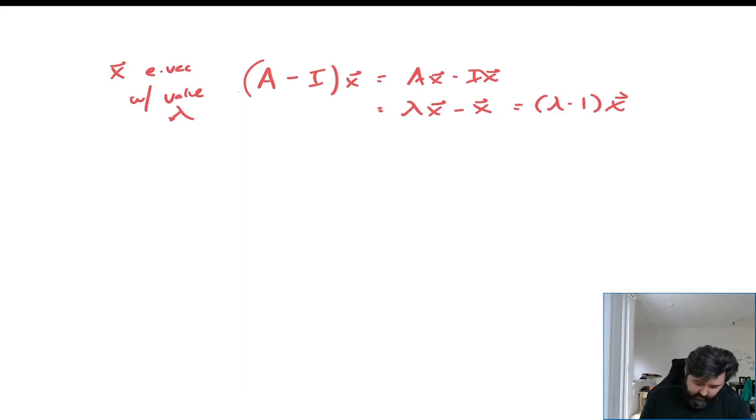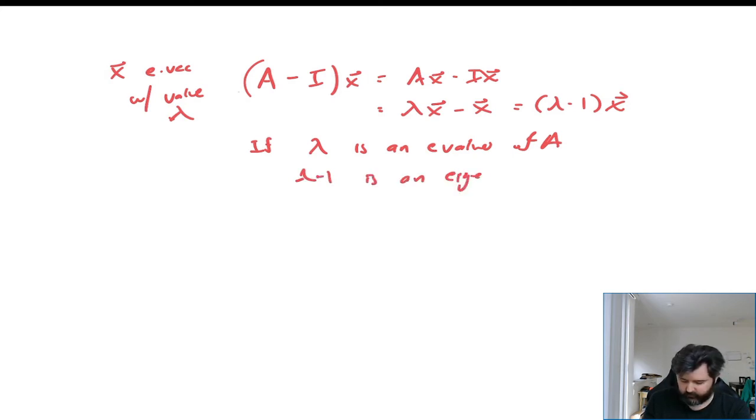So that means that if lambda is an eigenvalue of A, lambda minus 1 is an eigenvalue of A minus I.